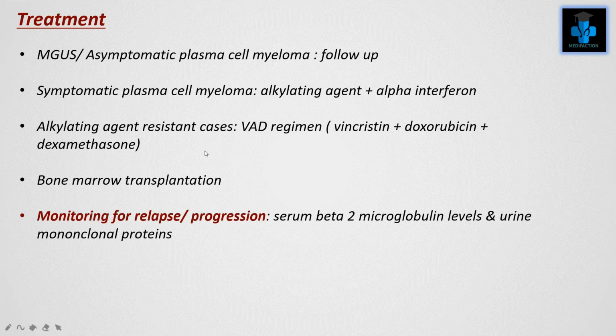And if there is a case where an alkylating agent resistant condition occurs, the VAD regimen is given, which has vincristine, doxorubicin, and dexamethasone. Another treatment option is bone marrow transplantation, and also monitoring for relapse or progression with serum beta-2 microglobulin levels and urine monoclonal proteins.